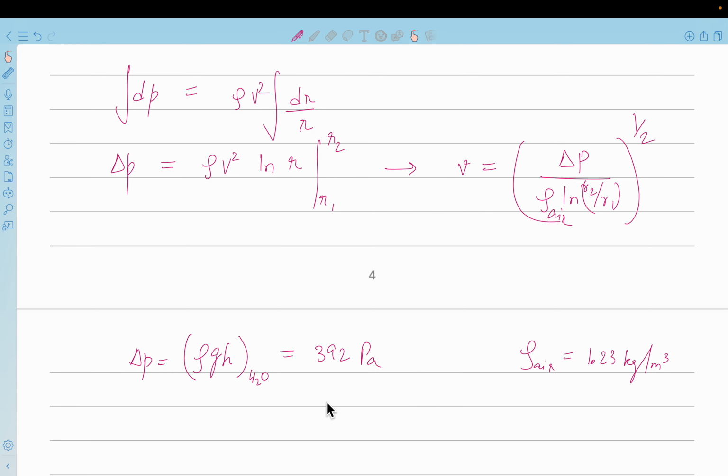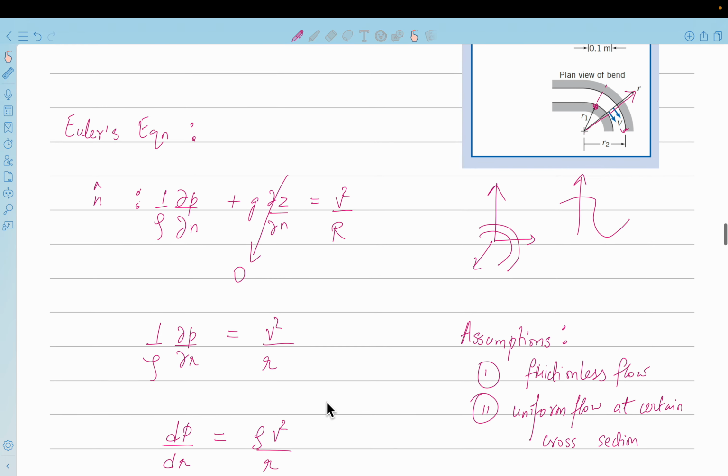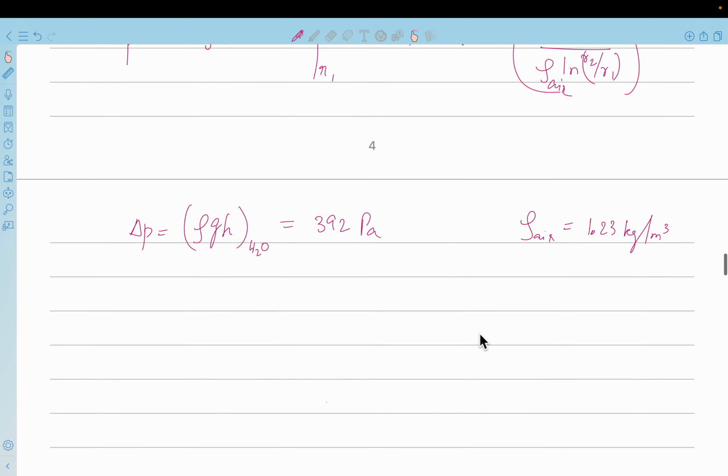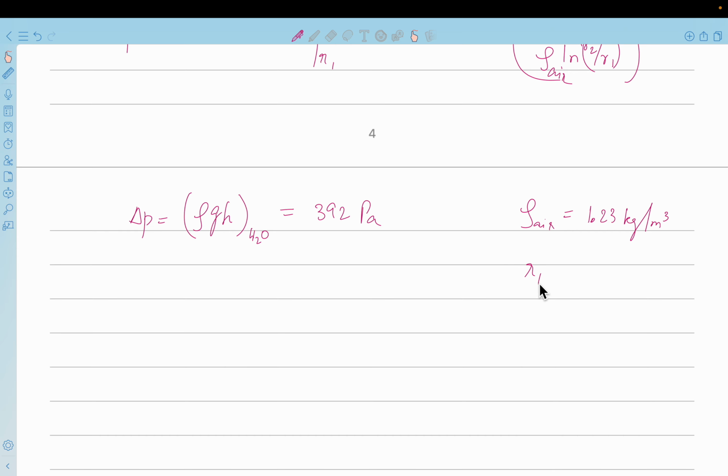Okay, and R2 and R1 are also given to us. So R1 is the inner radius, which is 0.25 meter, and the thickness is 0.1 meter. So R2 is 0.35 meter. So let me write this here. R1 is 0.25 meter and R2 is 0.35 meter.